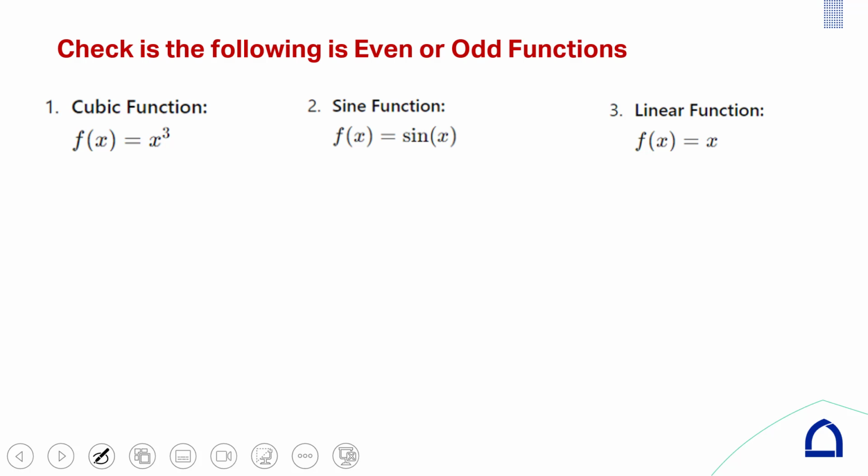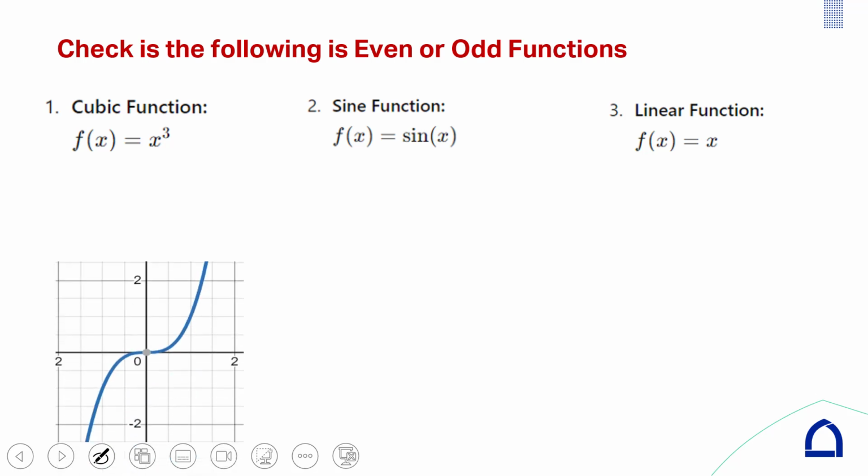Now, for the cubic function, if you graph it, you will find it is a 180-degree rotation. From this one, you come to the other half. So it is symmetric with respect to the origin. This is the origin, we call it the origin. Okay.